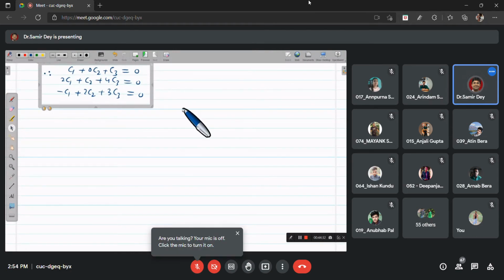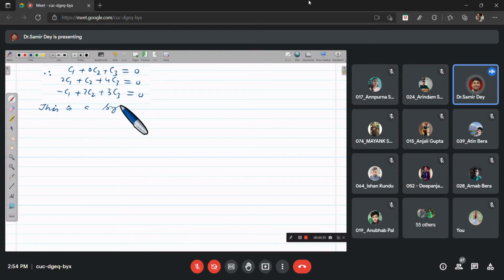Now you have this: a system of linear homogeneous equations. Now you might have a question in your mind: why is it homogeneous, sir? Very simple. If all the right-hand side parts are 0, then it is called homogeneous.